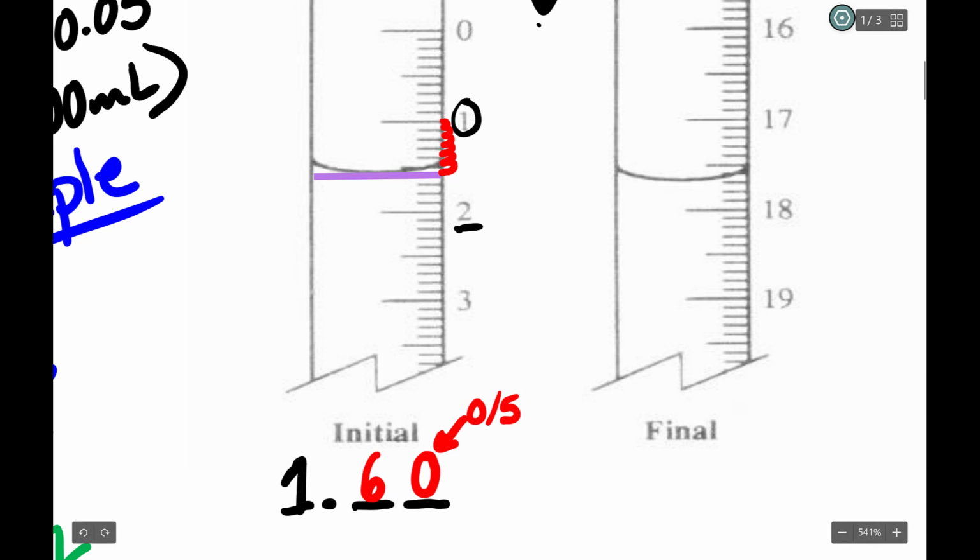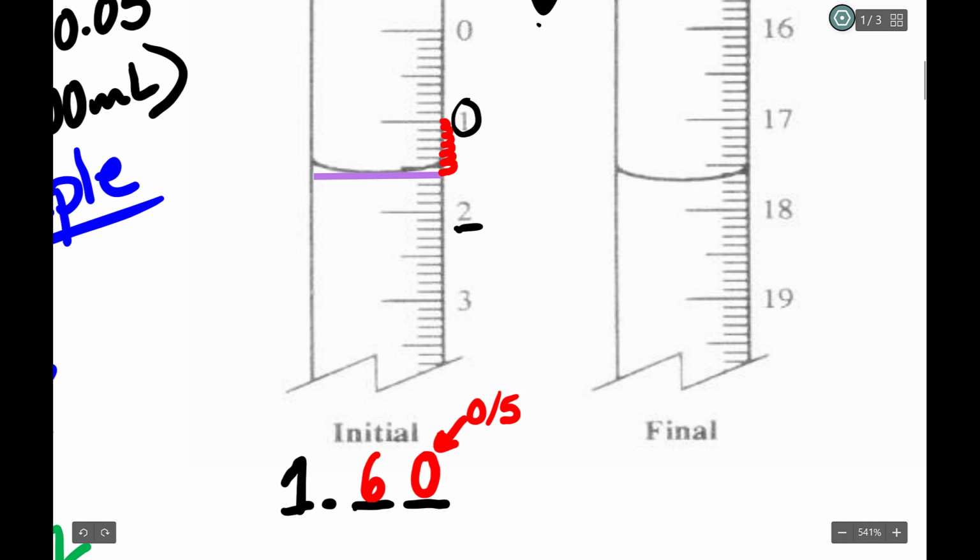You're either directly on a line or you're between lines. So for instance, imagine the meniscus fell in between those two lines, not on the line. Then I would say that that was blank 5, and my last digit would be a 5. Sometimes you'll see questions where they say the volume was 1.62.